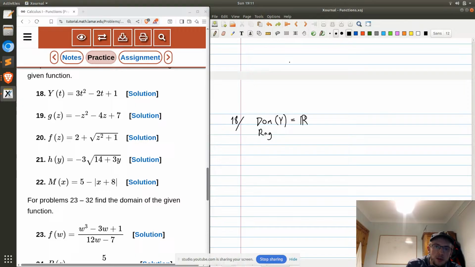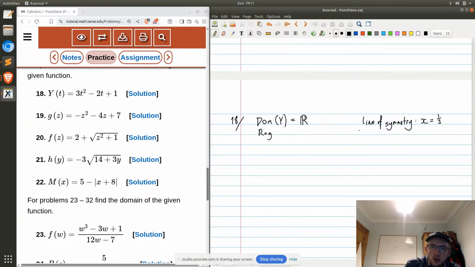All right, but how can we find the minimum of function y? What you do is you find the line of symmetry, which is found by negative b over 2a. So in this case, it would be 2 over 6, which is a third, so x equals a third.